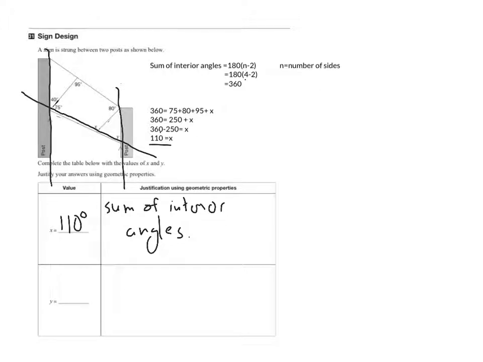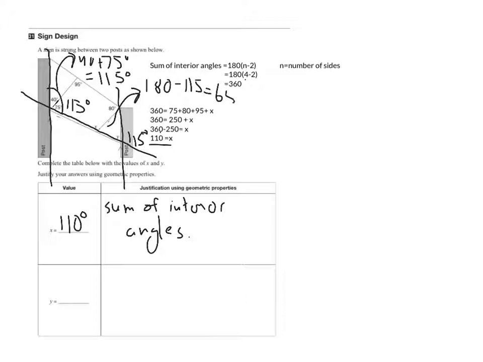And I know that this right here is 40 plus 75 degrees, which is 115 degrees. Based on its corresponding angle on this side, I know that this is 115 degrees, and this angle right here is supplementary to the 115 degrees, so it will be 180 minus 115, 65 degrees.